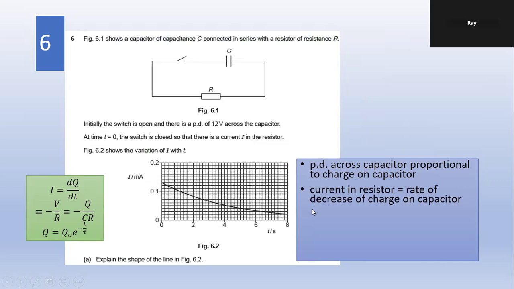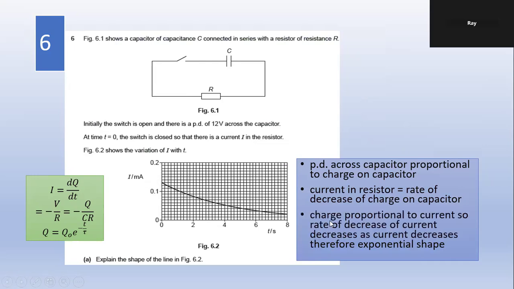Current in resistor is the rate of decrease in charge on the capacitor. Basically, current is the rate of decrease. Charge is proportional to current.